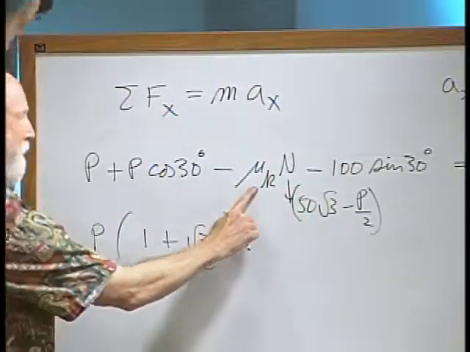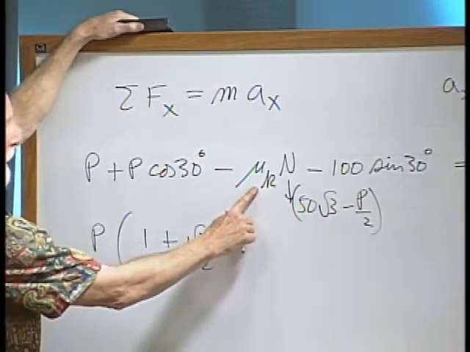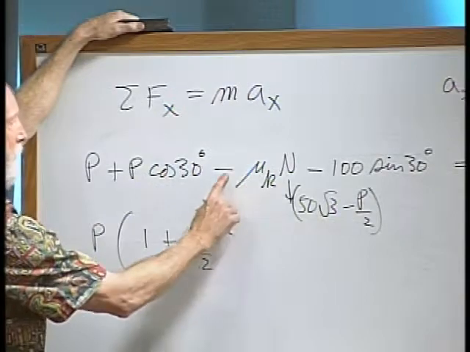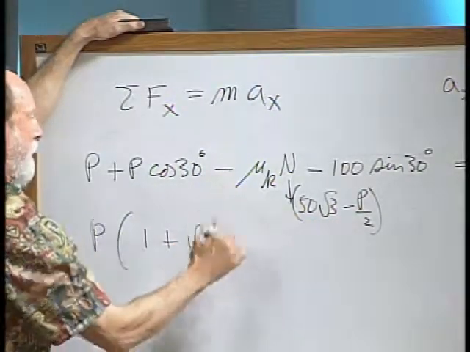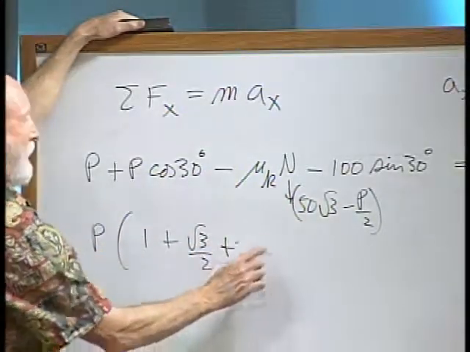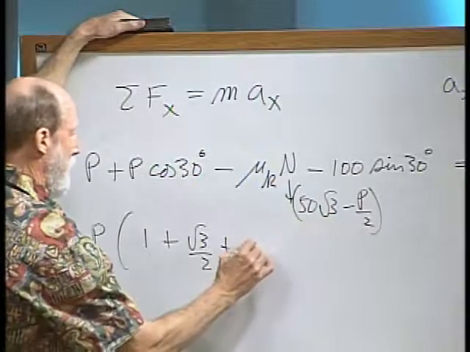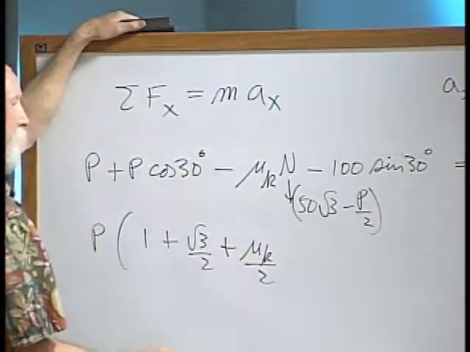If I'm careful, I usually write every detail out just so I don't mess it up, but notice that this negative on this term and that negative on P turns positive. And then if I have the P factored out in one step, I'm then going to have a positive mu k over 2, I believe. Is that correct?